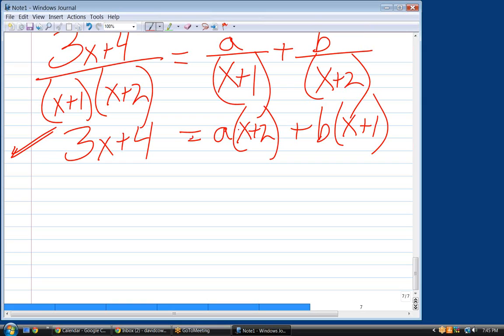Minus 2, because it'll make this 0. If I plug in x of minus 2, I get minus 2 on this side. If I plug in x of minus 2 over here, I get b times minus 1. Therefore, b is equal to 2.